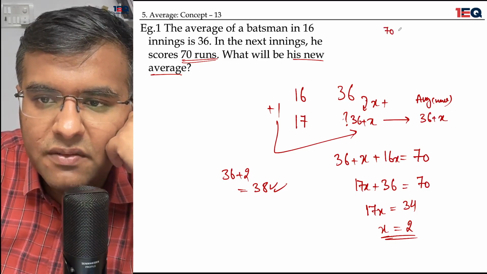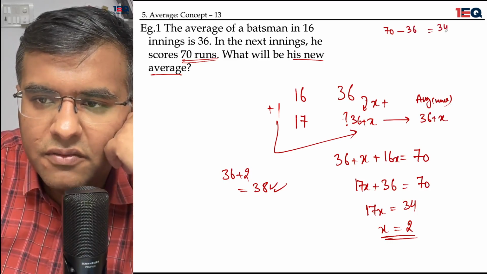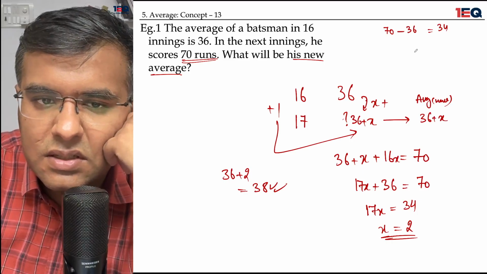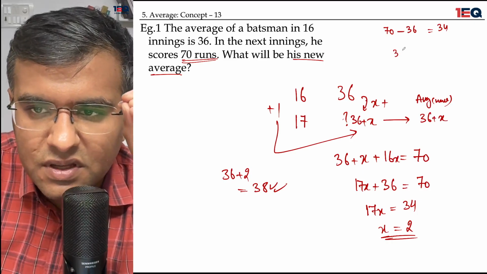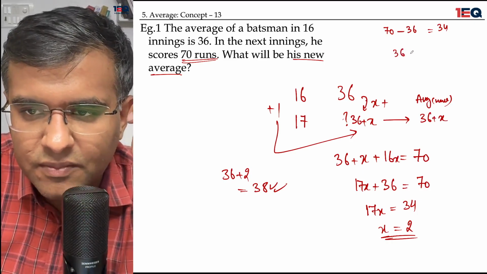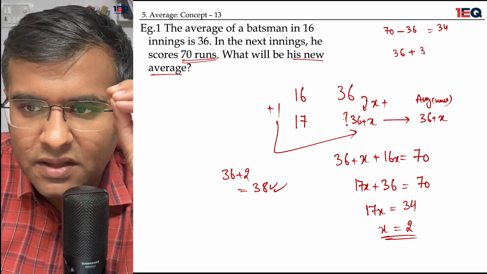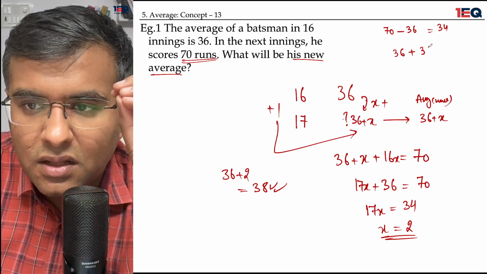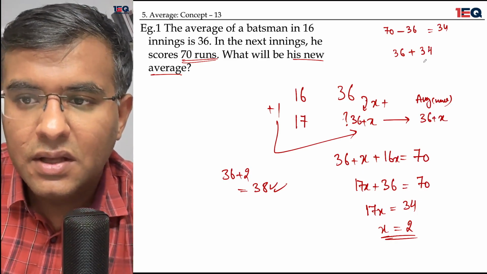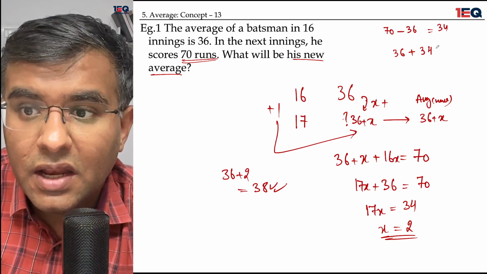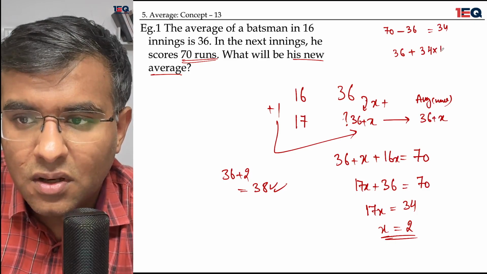The difference between 70 and 36 is equal to 34. The base value or the base average is going to remain the same, which is equal to 36. Now there is an increase in 36, and the increase is caused by the extra 34 runs. In how many innings were these 34 runs scored? They were scored in one inning.